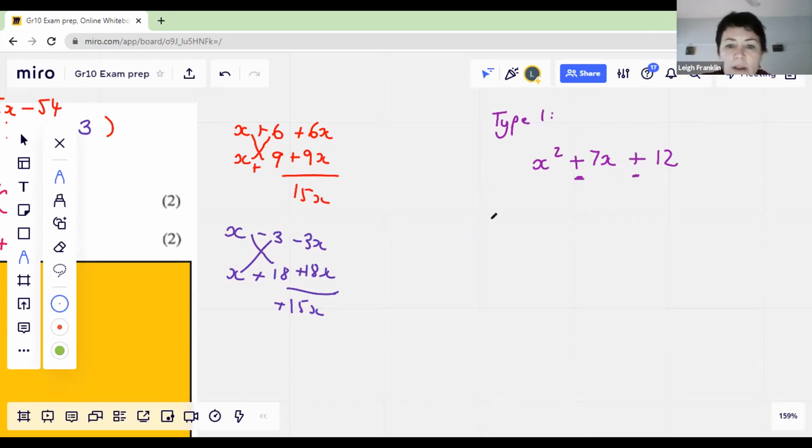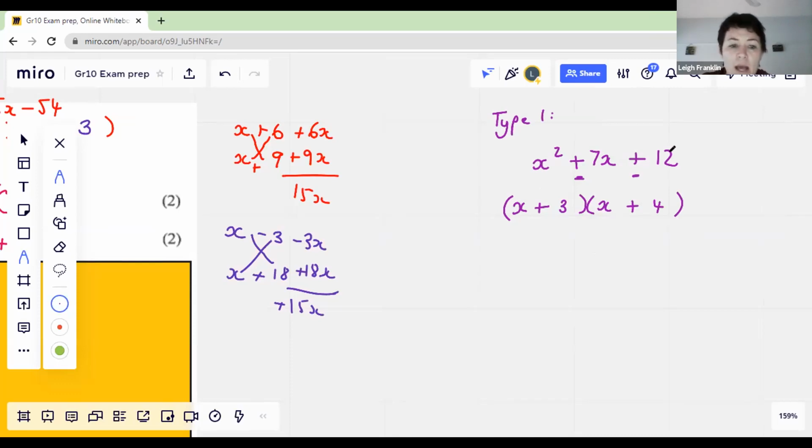So when this factorizes, it's easy because both brackets have to have a plus inside. In this case, the numbers that we would use would be 3 and 4. So x times x is x squared. We're doing the opposite of FOIL. X times 4 is 4x plus 3x gives us our 7x in the middle. And positive 3 times positive 4 gives us our positive 12 at the end. So that's type number 1.